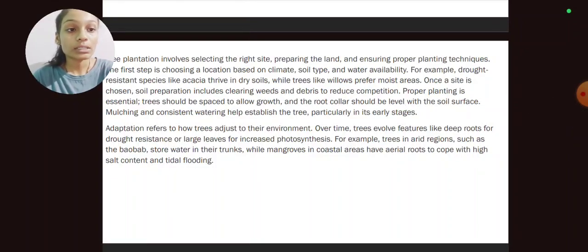Over time, trees evolve features like deep roots for drought resistance or large leaves for increased photosynthesis. For example, trees in arid regions such as baobab store water in their trunks, while mangroves in coastal areas have aerial roots to cope with high salt content and tidal flooding.